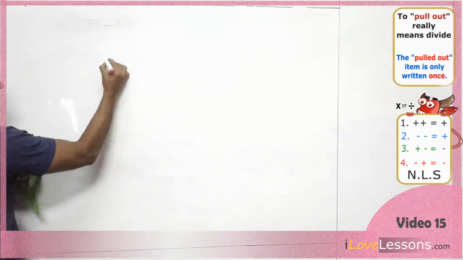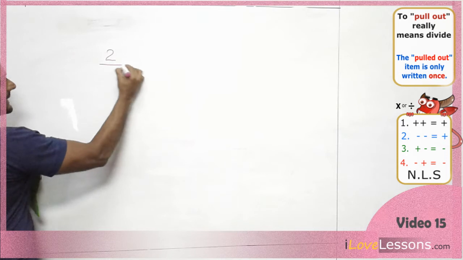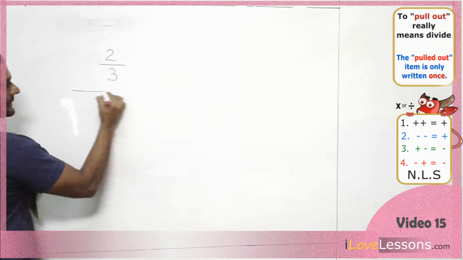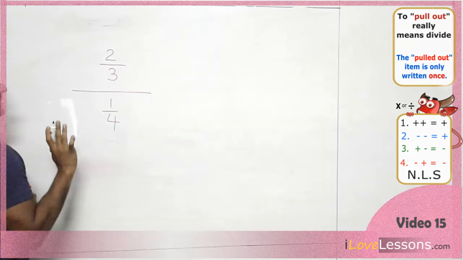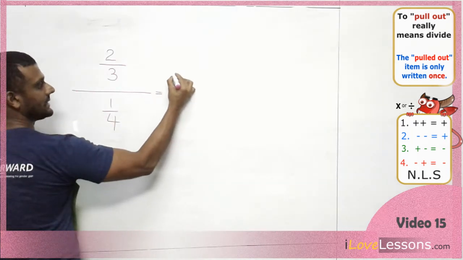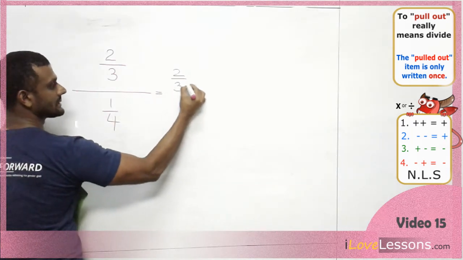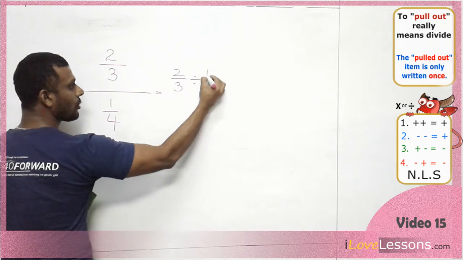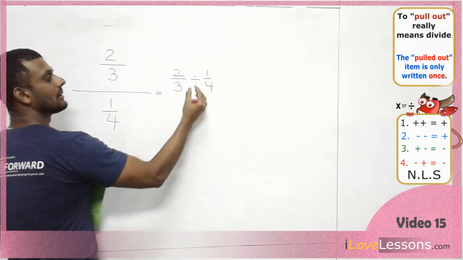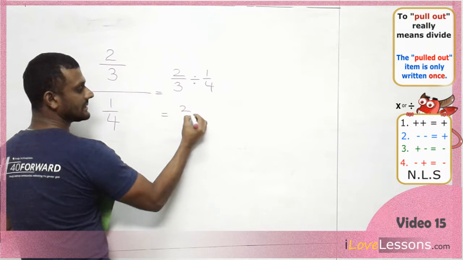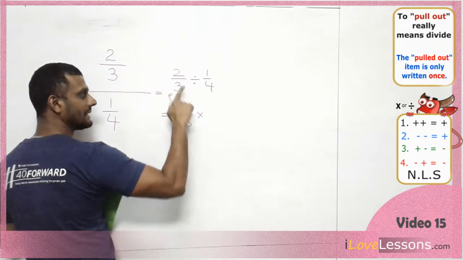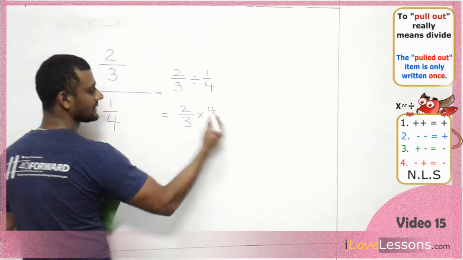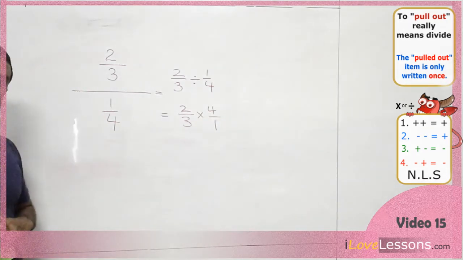Let's do a simple example. Let's say I have 2/3 and I want to divide it by a quarter. This means now that the divide will change to a multiply and you flip the fraction afterwards. So you get 4 on 1.